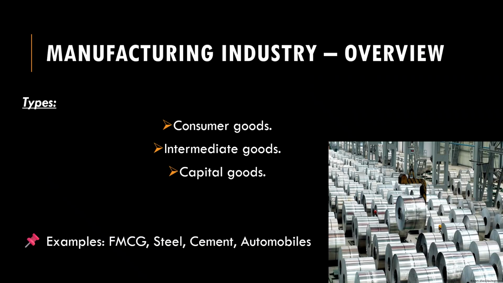Manufacturing industries are classified into consumer goods, intermediate goods, and capital goods. Examples include FMCG products, steel, cement, and automobiles.